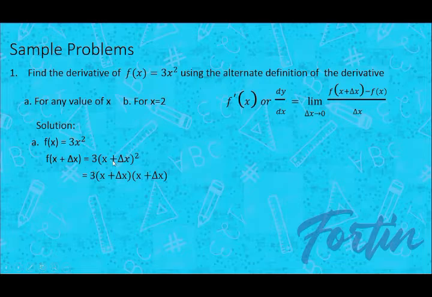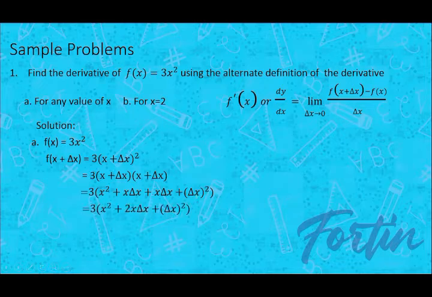Then we simplify. This is the multiplication of a binomial, x plus delta x multiplied by itself. We have x times x, which is x squared, then x times delta x, then delta x times x, another x delta x, then delta x times delta x, which is delta x squared.